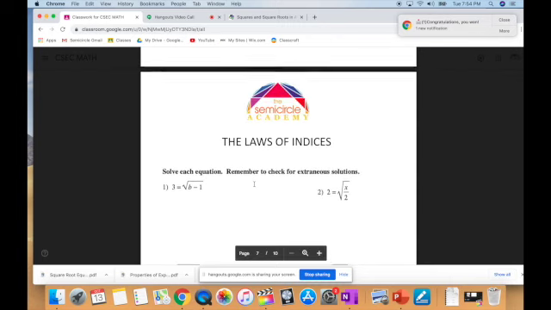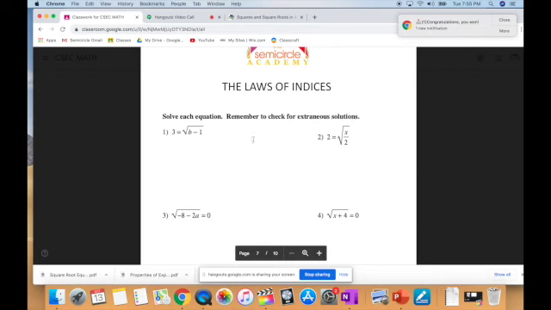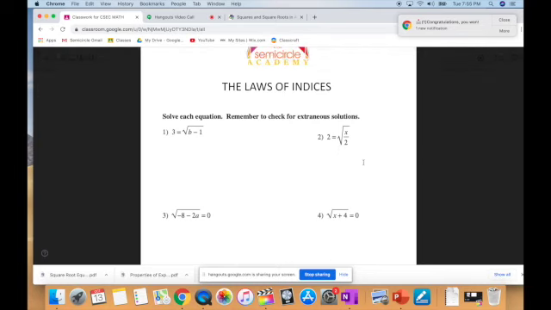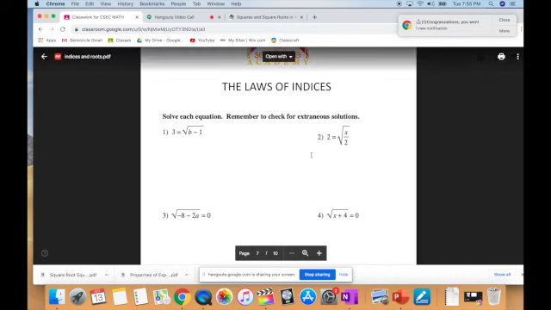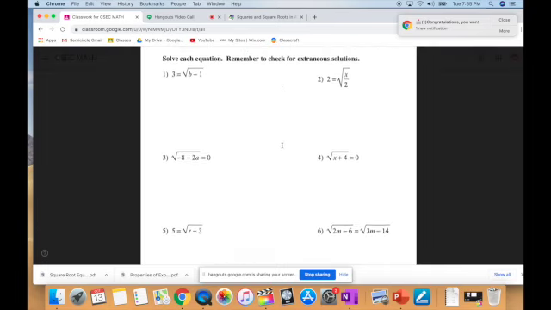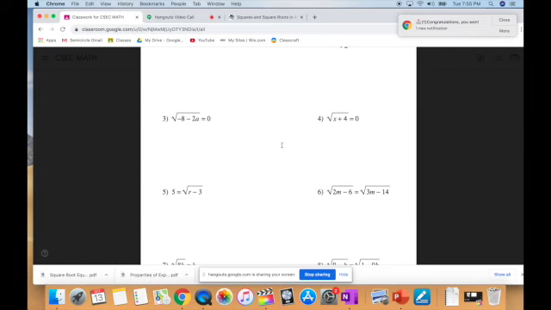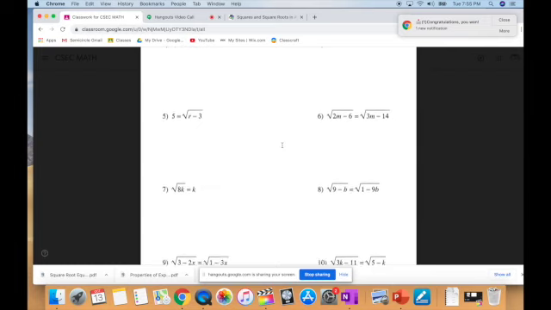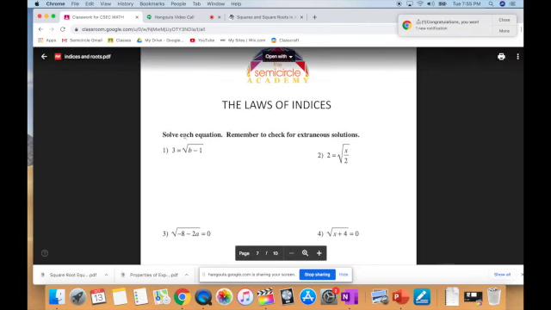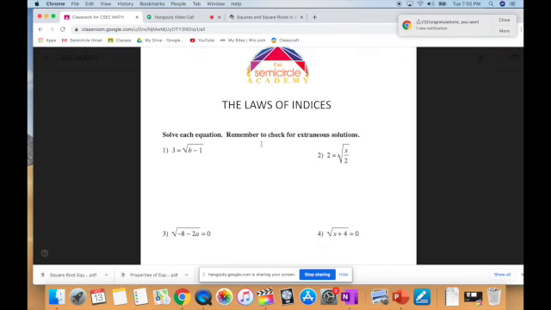Then I have these questions here, and this laws of indices heading should not be here. This is supposed to be roots. These are questions to help you practice your square roots and your knowledge of square roots. You have to solve each equation.